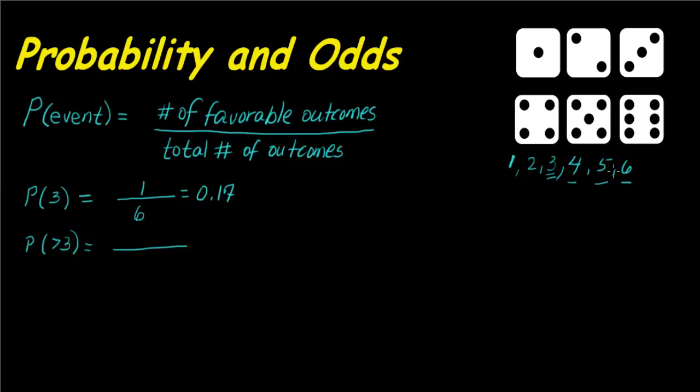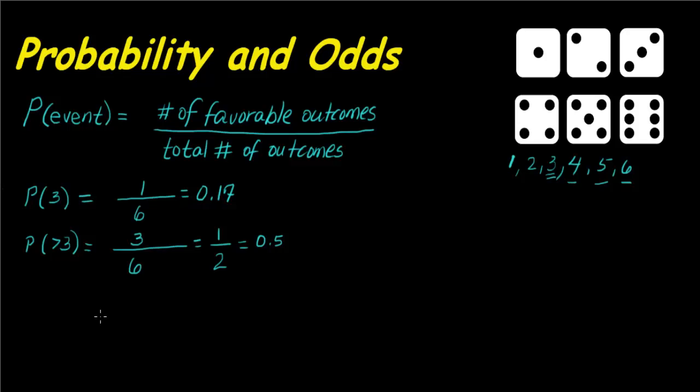How many favorable outcomes do we have? 1, 2, 3 favorable outcomes over the total number of outcomes, which is 6. So 3 over 6 we can simplify to 1 over 2, which is also equal to 0.5. And that is the likelihood of rolling a number greater than 3 is 0.5.